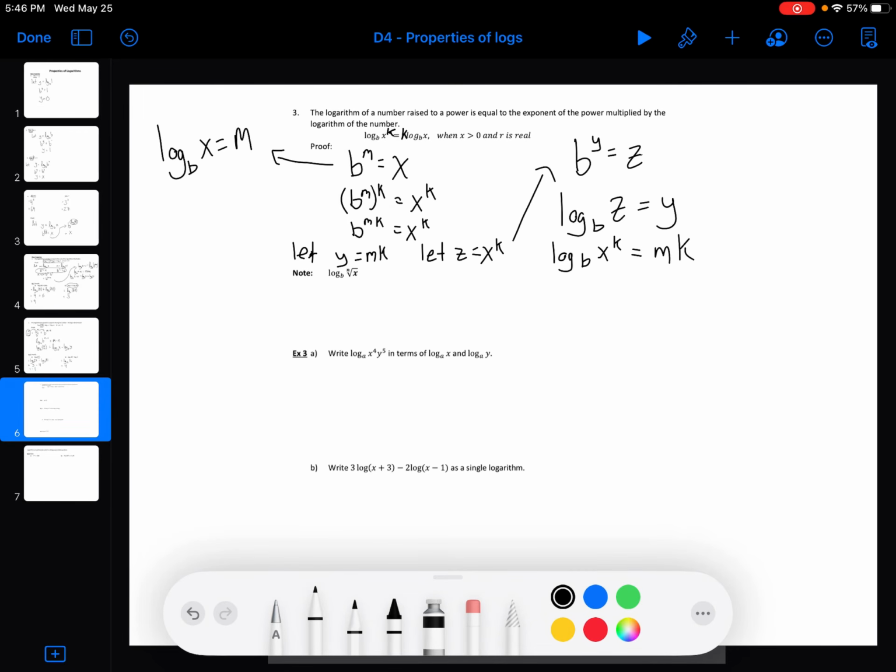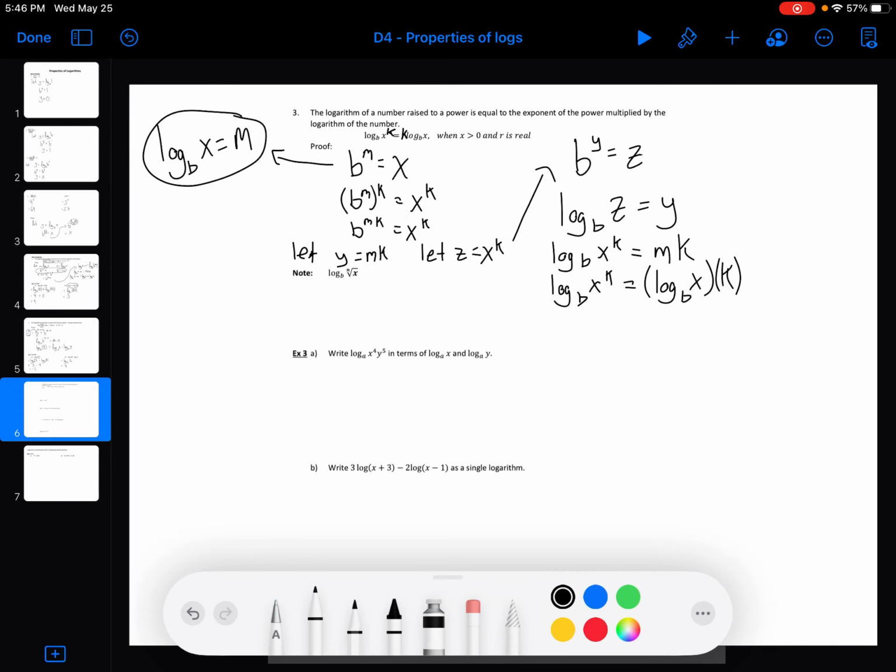Well, from right at the very start, we put that little logarithm in our pocket. We know that m is actually equal to log base b of x, and then k. So the long and the short of it is this whole thing is actually equal to our exponent times the logarithm.